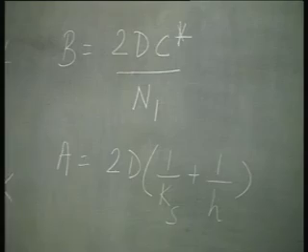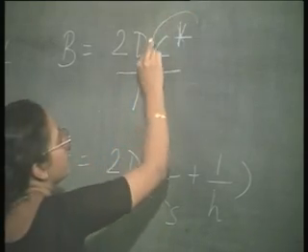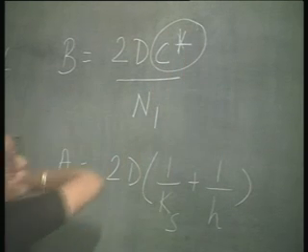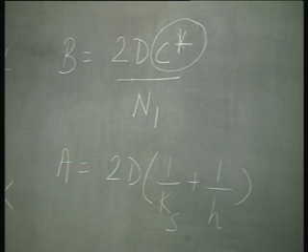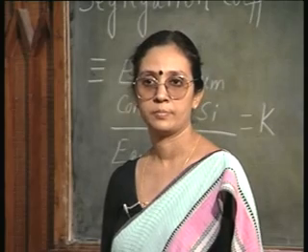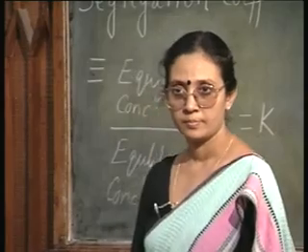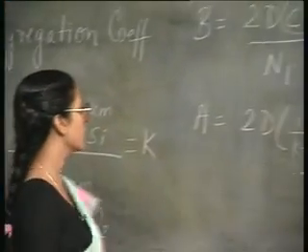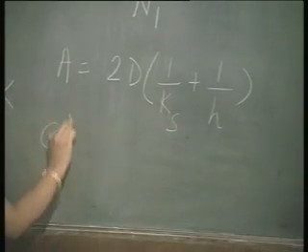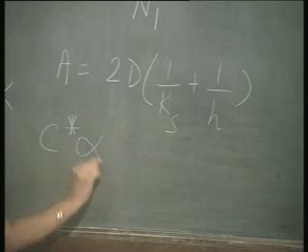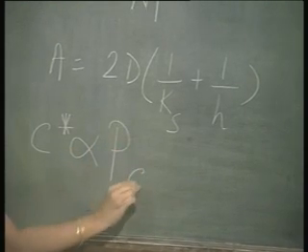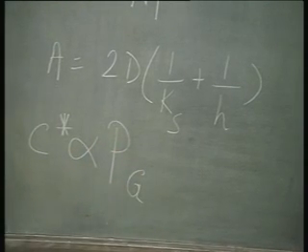This C star, that is the equilibrium concentration of the oxidizing species in the oxide, is proportional to pressure. This varies with gas pressure.